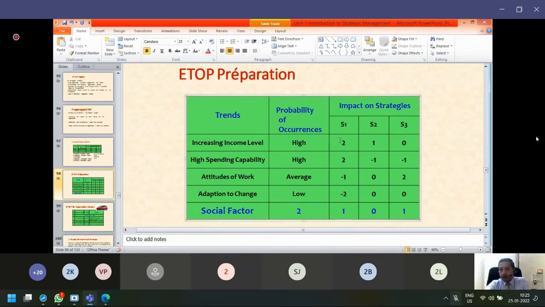We have made the total of these marks for S1. We have calculated 2 plus 2 is 4 and minus 3, it comes to 1. Here 1 minus 1 is 0, that is the total is 0. And for strategy 3 we have calculated 0 minus 1 is -1, plus 2, and 0, that comes to plus 1. So if you make the total of this, 1 plus 1, you get the score 2.